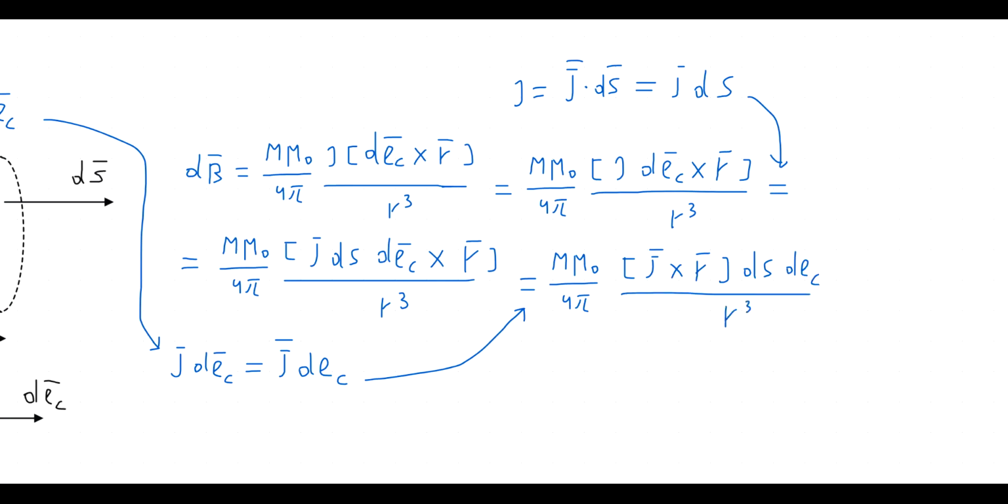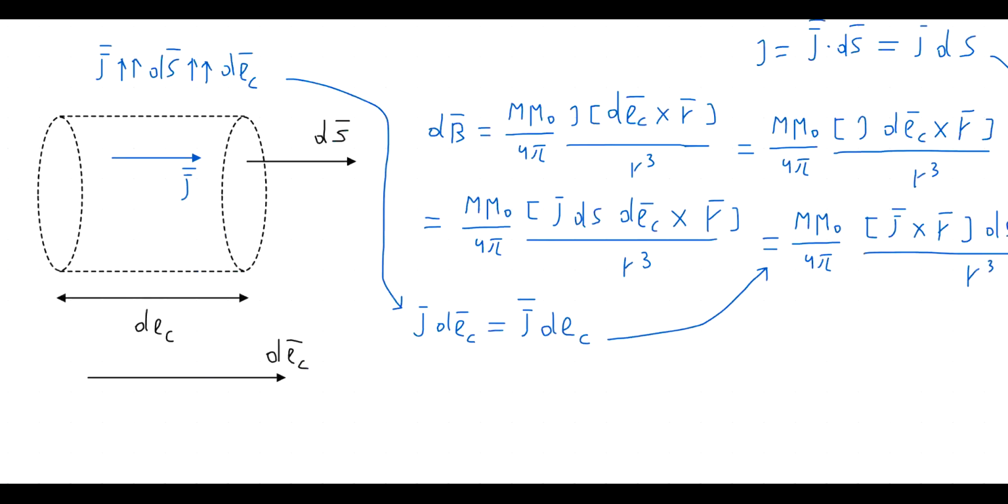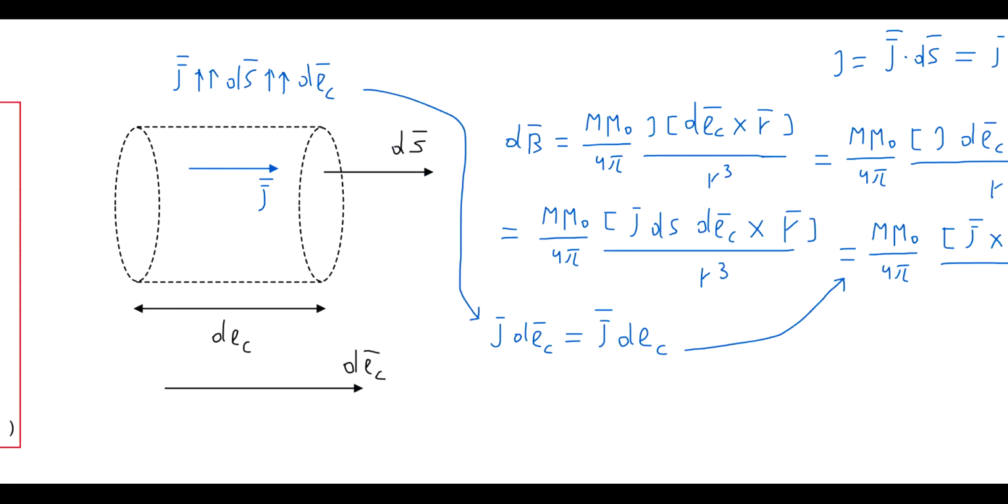And as we can see, dS multiplied by dlc is the product of the area of the base of the cylinder and the height of the cylinder.